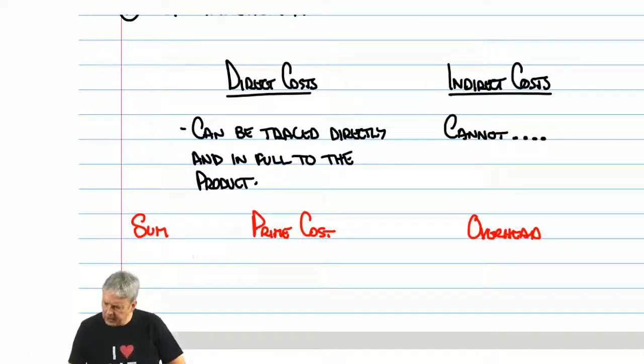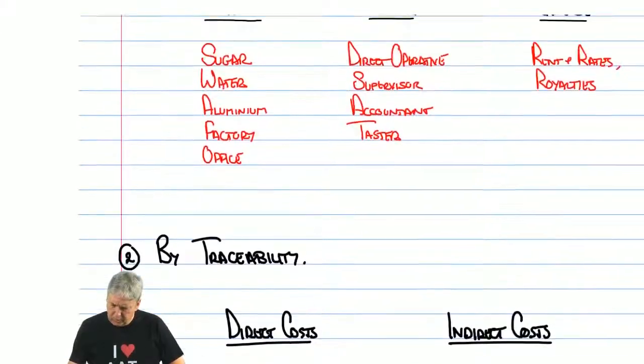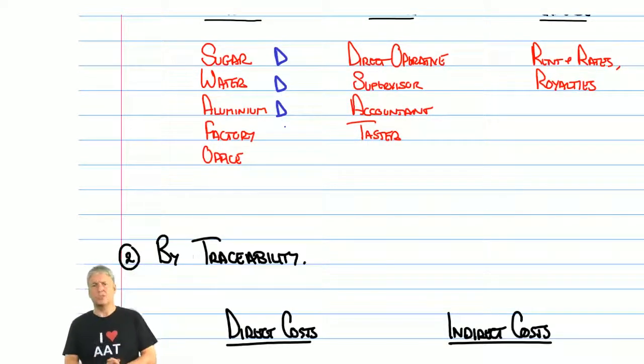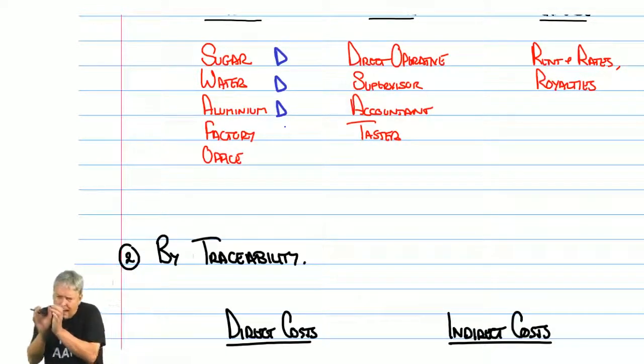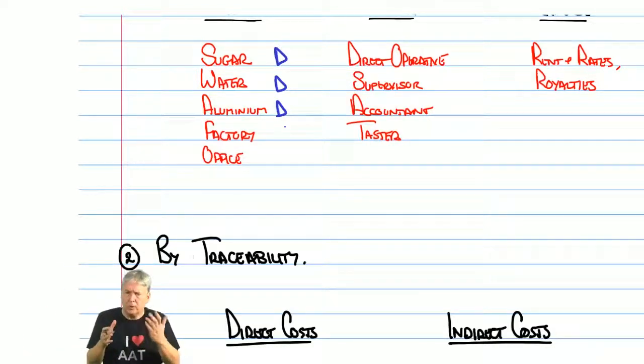And if we just go back up here, I think what we could see quite easily is that things like sugar, water and aluminium could be described as direct costs, on the simple basis that you can measure accurately the amount of aluminium, water and sugar that goes into each tin or can.